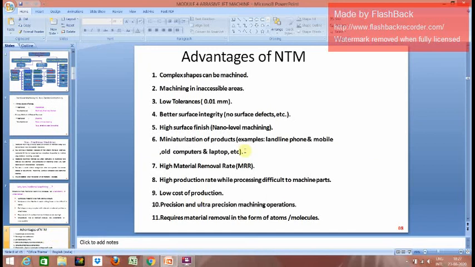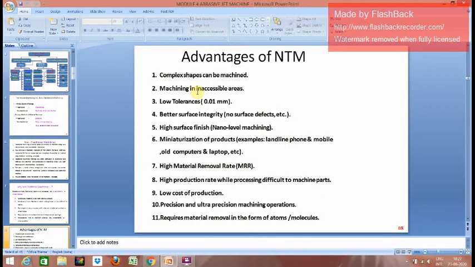Advantages of NTM: complex shapes can be machined, machining in inaccessible areas, low tolerance can be given at the rate of 0.01 millimeter, better surface integrity, that means no surface defects are observed in parts manufactured by NTM. High level surface finish is also there, nano level machining is there.